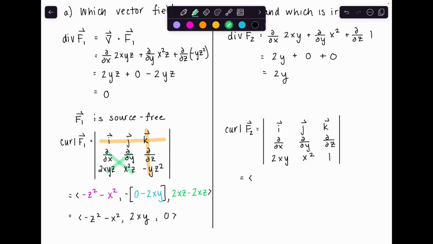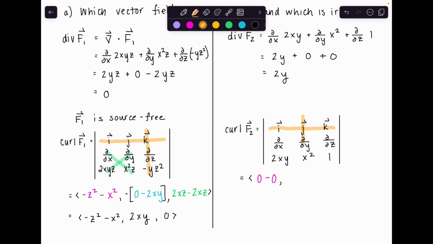Immediately jumping into each of these, cross out. Going to take those partials. So partial with respect to y is nothing. And then minus the partial with respect to z, well, that is also nothing. So looking okay so far.